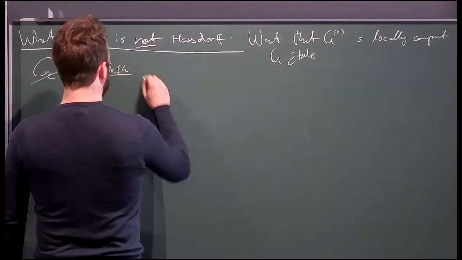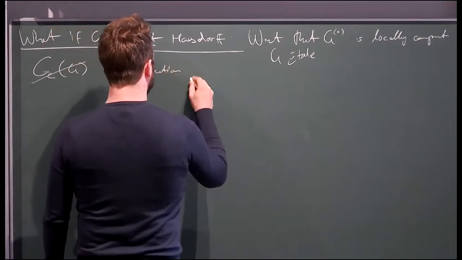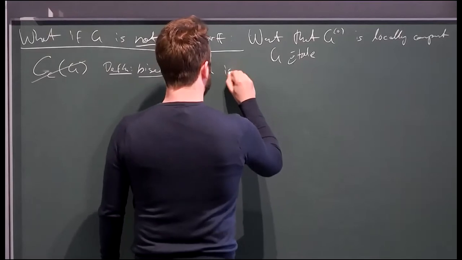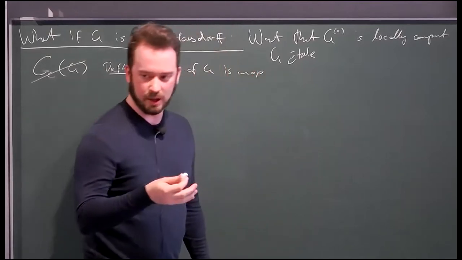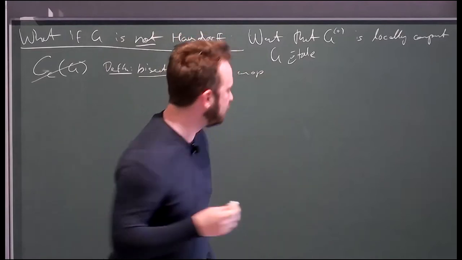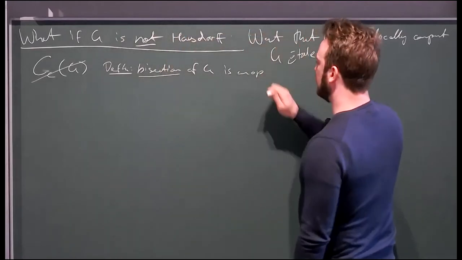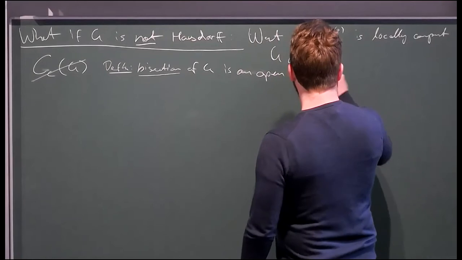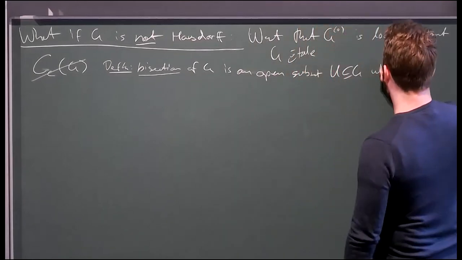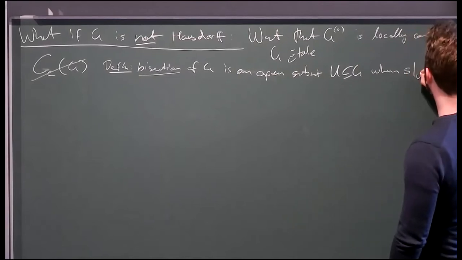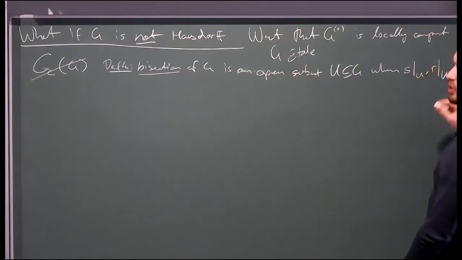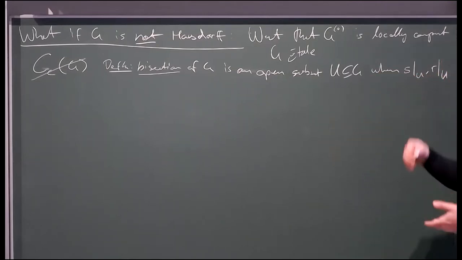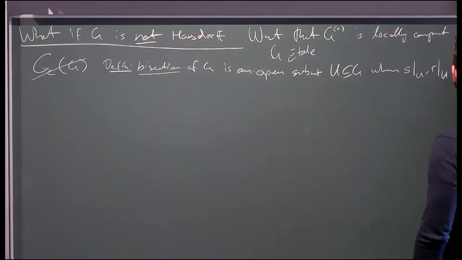Definition: a bisection of G is an open subset U of G where the source map and the range map restrict to injective maps on U. It's a section for both the source and range in that sense, hence bisection. So they are injective.